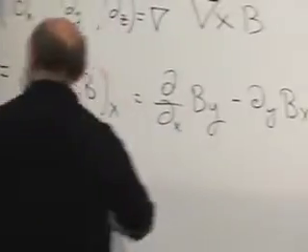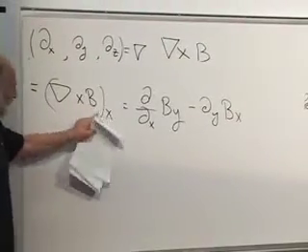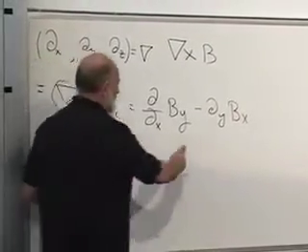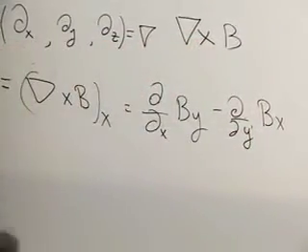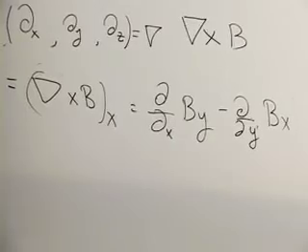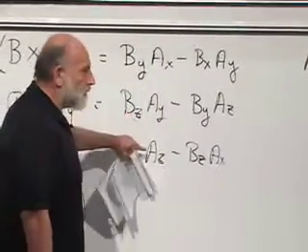We can go through it and cycle through it and find the other components of the curl of B, but they're always made up of derivatives of the components of B in the same exact pattern that the cross product is made up.